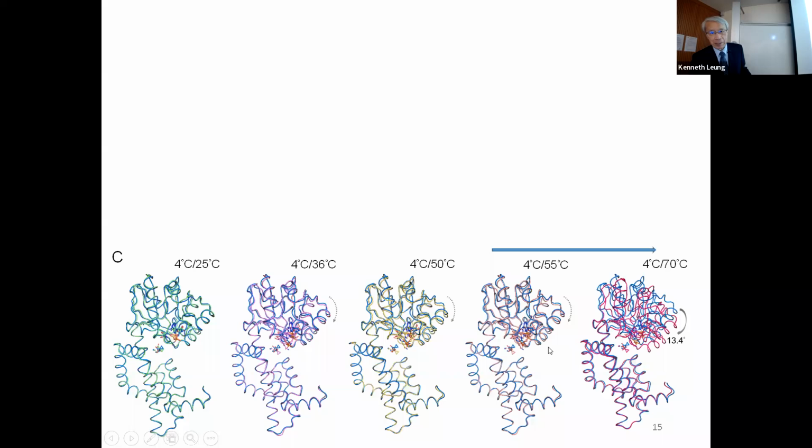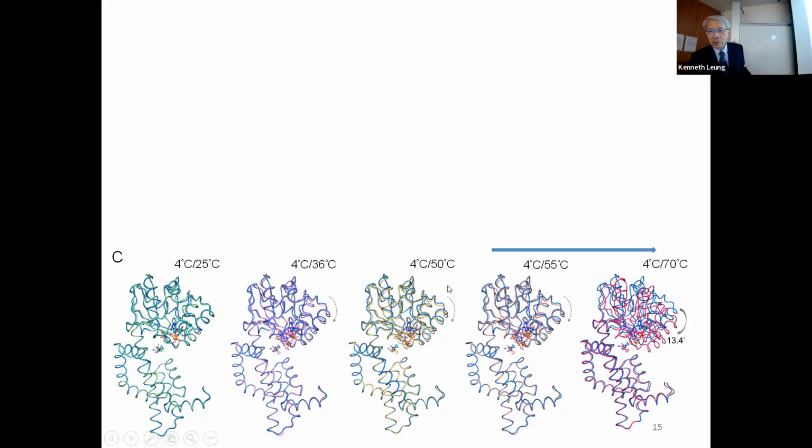We look at those data, and so this is the comparison between 4 degrees and 70 degrees, and each structure here is a superimposition between two temperatures, 4 degrees and 25 degrees, 4 degrees and 36 degrees.